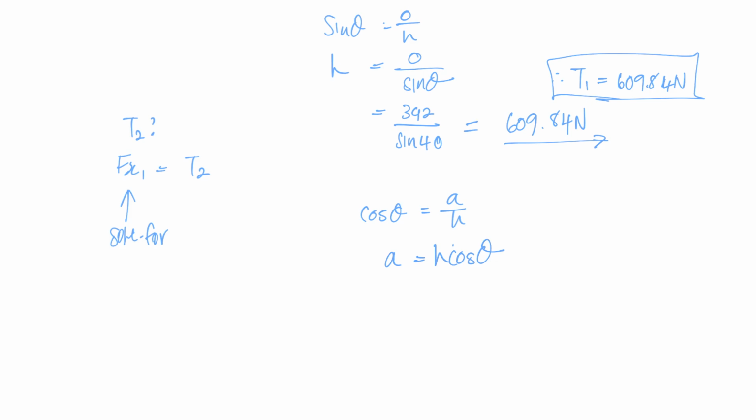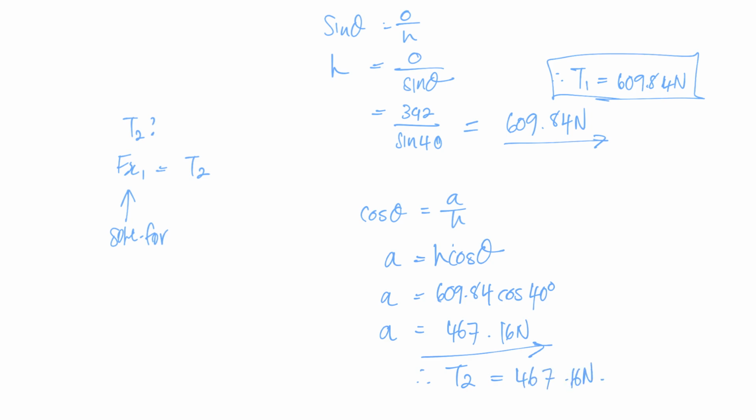I've got my hypotenuse from the previous question, which is 609.84, multiplied by cos 40 degrees, and my adjacent in this situation is 467.16 newtons. And now, therefore, T2 is 467.16 newtons, because this adjacent that we looked at here was that setup.